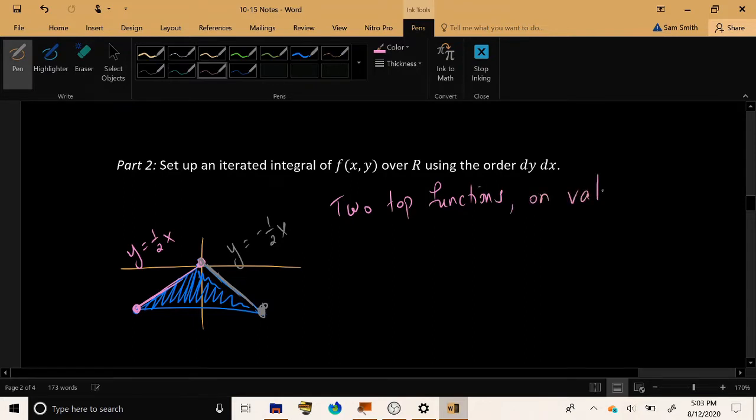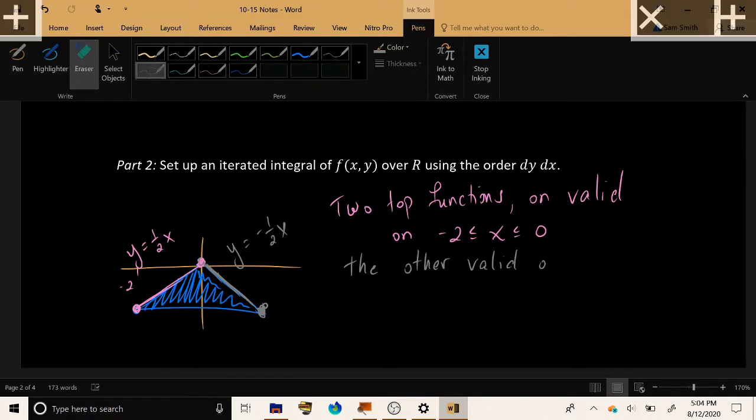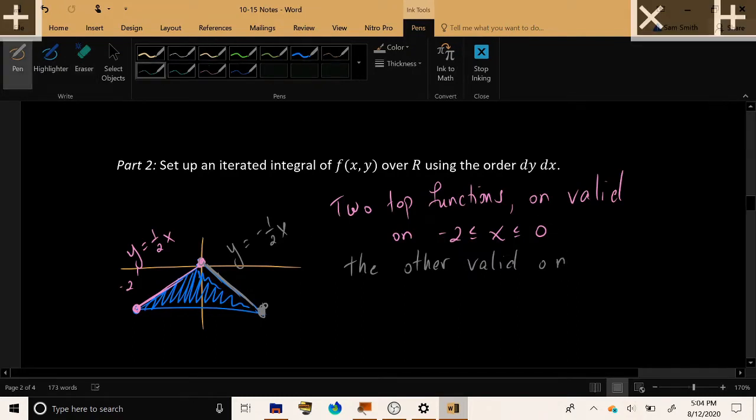One valid on the left side of the region, where the x values go from -2 to 0. The other one valid on the interval of x's going to the right half of the region, from 0 to 2.